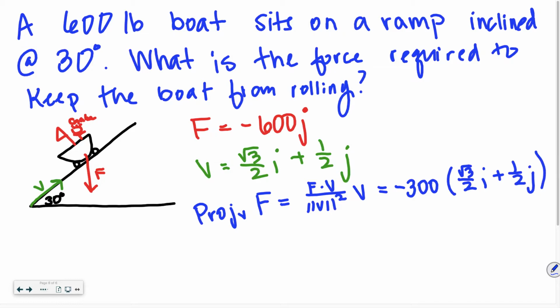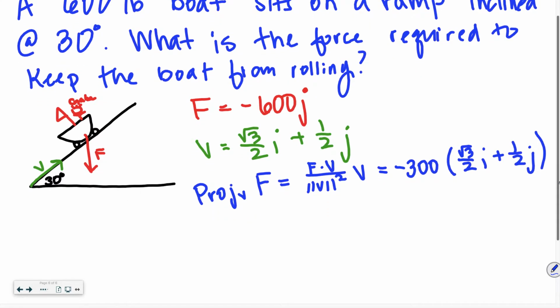If I'm talking about the force to stop this from rolling on the ramp, what do I care about with this vector? Its magnitude. We would want the magnitude. Our force was 600, has a magnitude of 600. Gabe, are you okay with we need the magnitude?